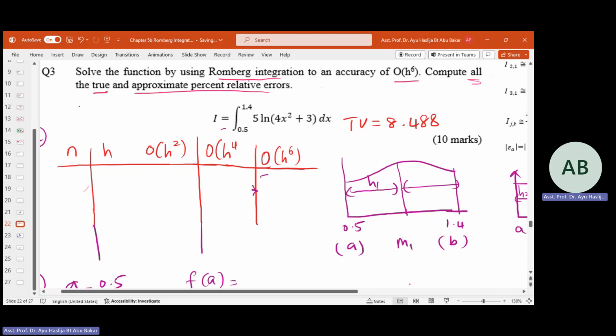So for each of the values, you need to calculate the true and approximate error. In order to get the true error, we need to find the true value first. Try to find what is the true value. Is it this value? Can you get the value?